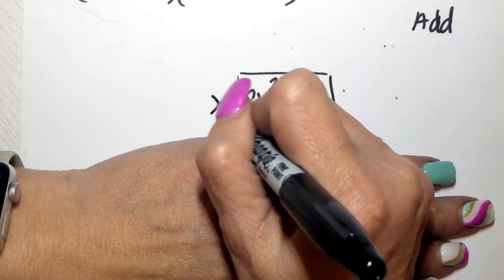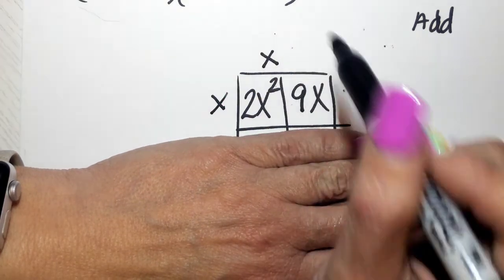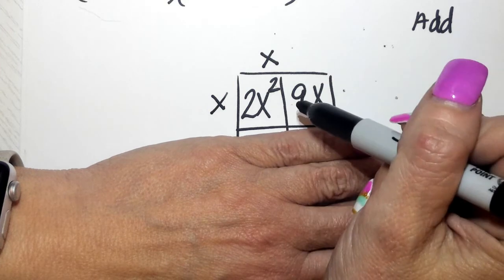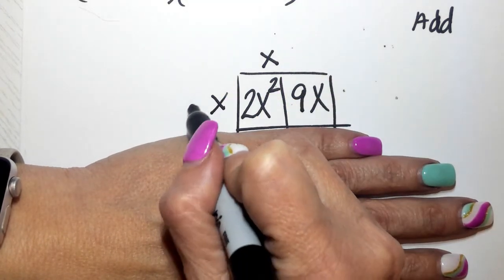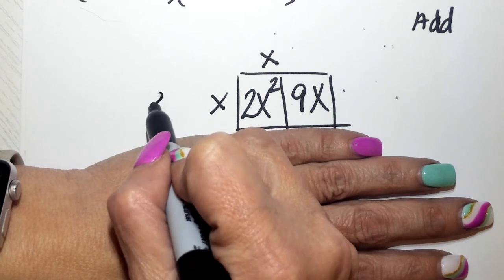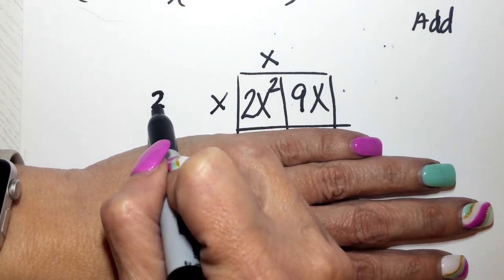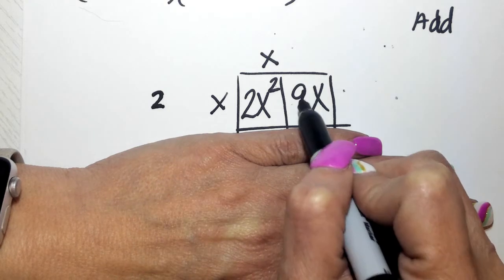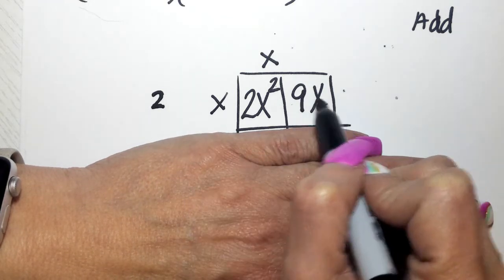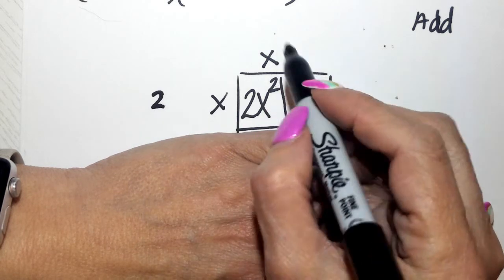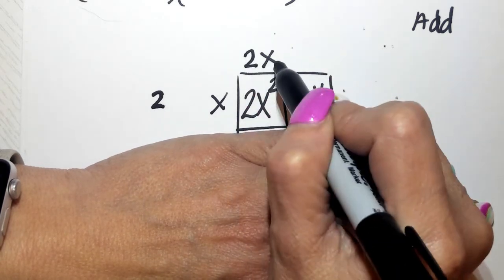So I'm going to put, I know it's going to be x and x, but I have to think about, I have to get a 2x squared. But if I put a 2 right here, in fact, I'm just going to write it out here. If I were to put a 2 right here, 2 times what would give me 9? And there's not anything. So that's why I really don't want the 2 here. I want to put the 2 here.